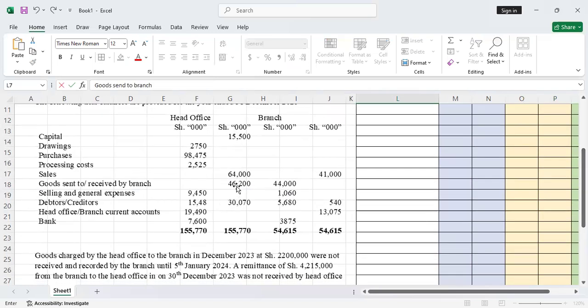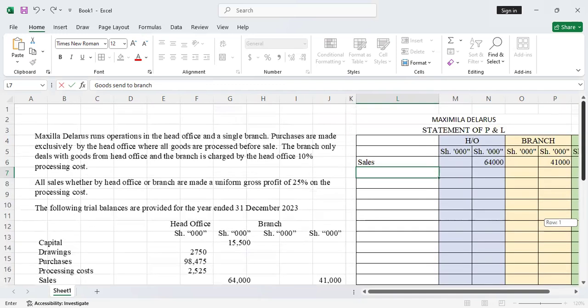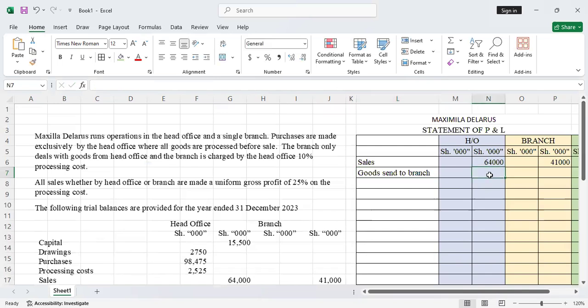Now, see what the head office is reporting. When the head office sells, it is income to the head office, and to the branch it is an expense. You understand that?